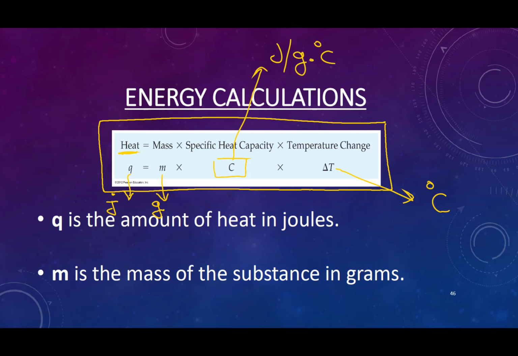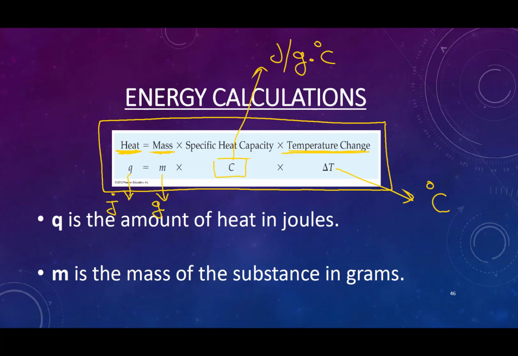Each substance has its own unique value. That's why when you are using this calculation, you have to make sure that the unit for heat is joule, the unit for mass is gram, and the unit for change in temperature, delta T, is degrees Celsius. If it's not, you have to do the conversion. It's very important that you keep that in mind.